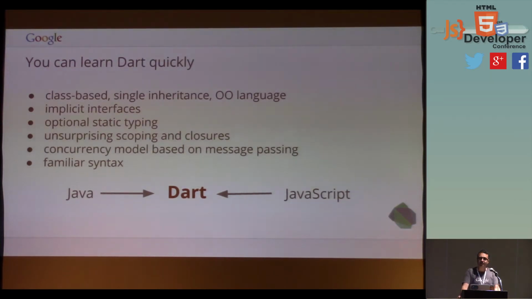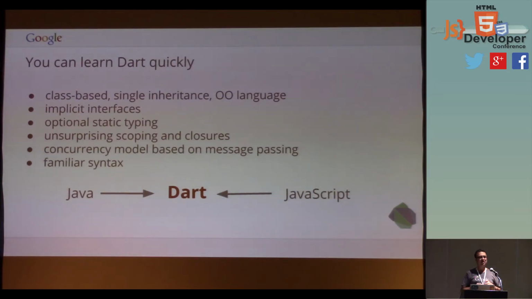So I would say in the continuum of things where Java is very structured, very staid, and JavaScript is very dynamic, I think Dart actually lands somewhere nicely in between those two extremes. It's not quite as verbose as Java, but it's not quite as dynamic as JavaScript.